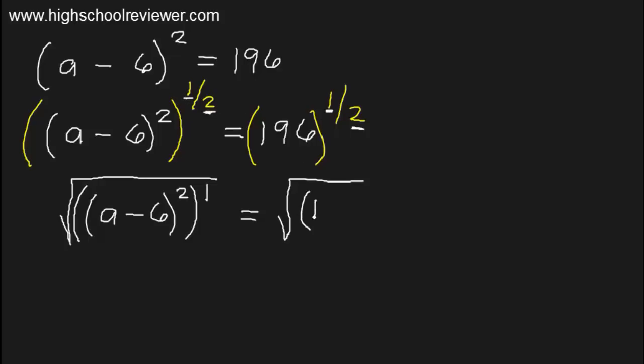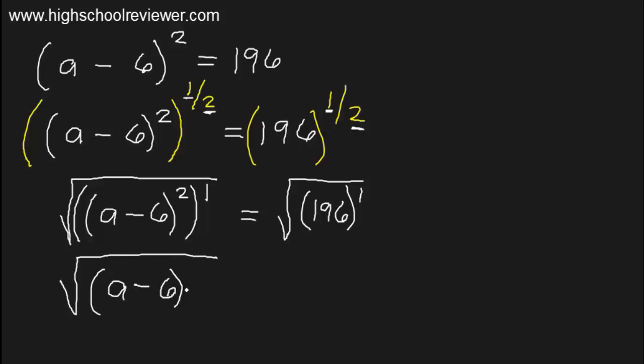So we will have here 196 raised to 1. So this will be equal to, since this is 2 times 1, that would still be equal to 2. So we will have here a minus 6 raised to 2. And this will be the square root. So the square root of 196 will be, okay, so later we will write the value.